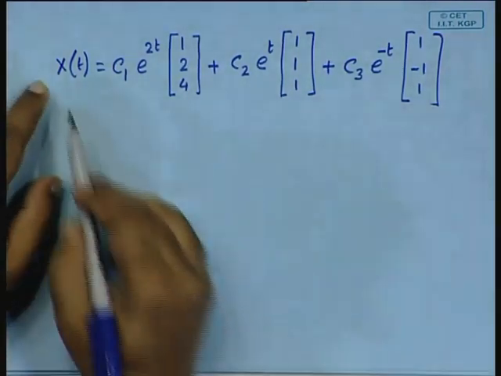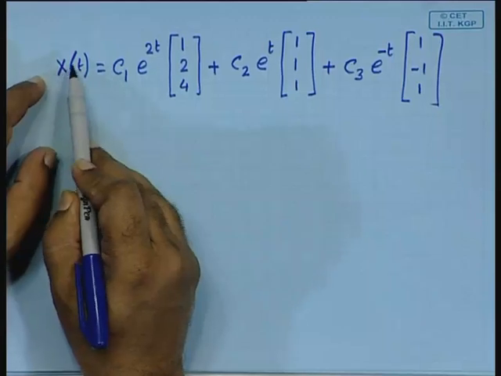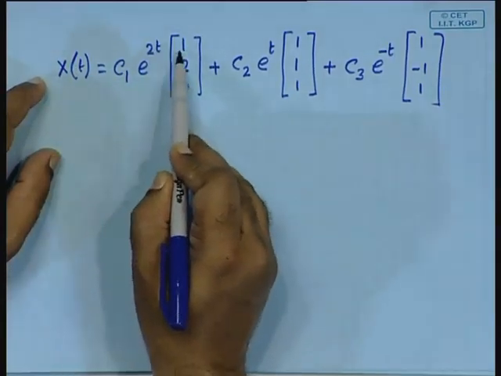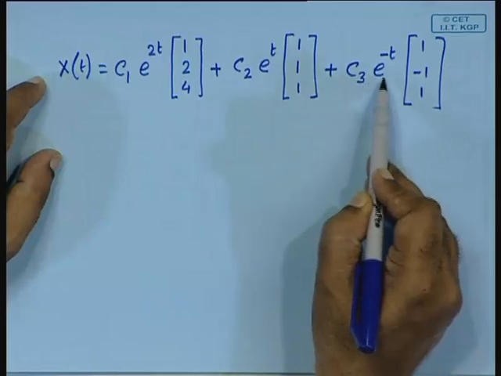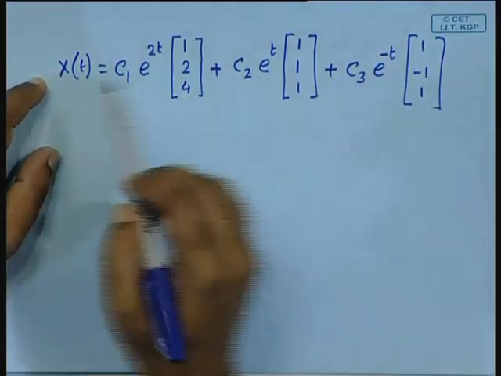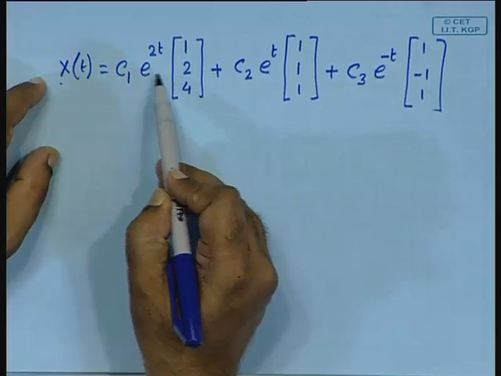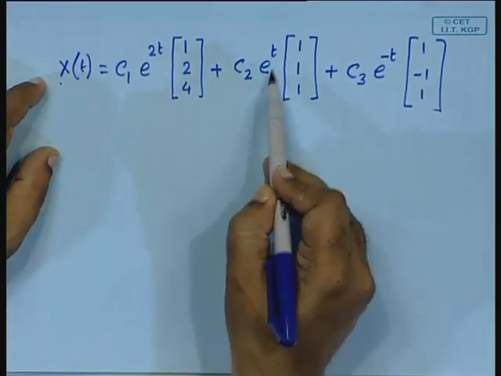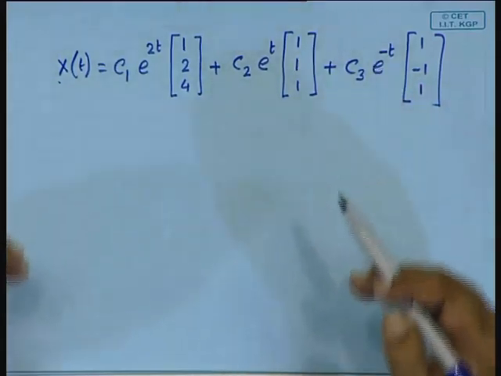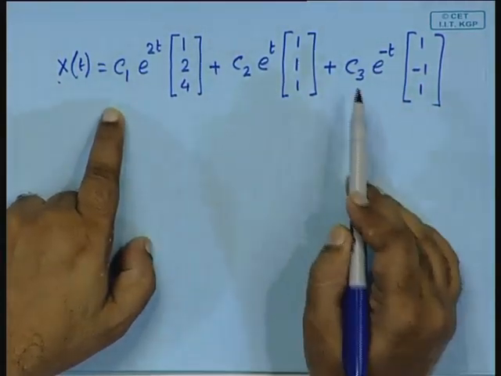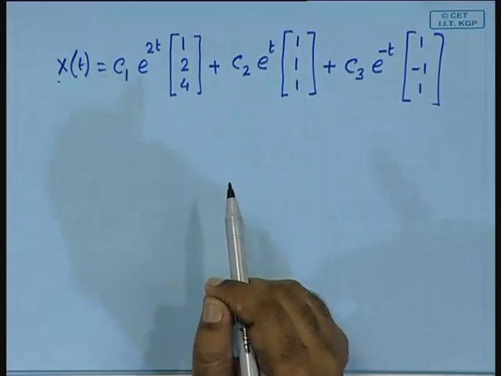Which means, the first one x, second one y, third one z: x of t will be C 1 e to the power 2t plus C 2 e to the power t plus C 3 e to the power minus t. y t will be C 1 2 e to the power 2t plus C 2 e to the power t minus C 3 e to the power minus t, and so on, and these C 1, C 2, C 3 will have to be obtained from the initial conditions. Is that clear?